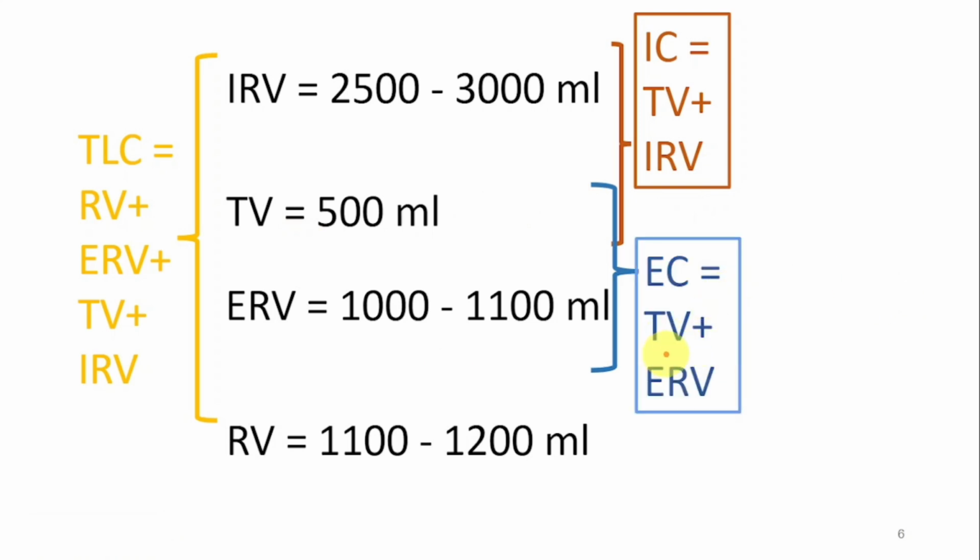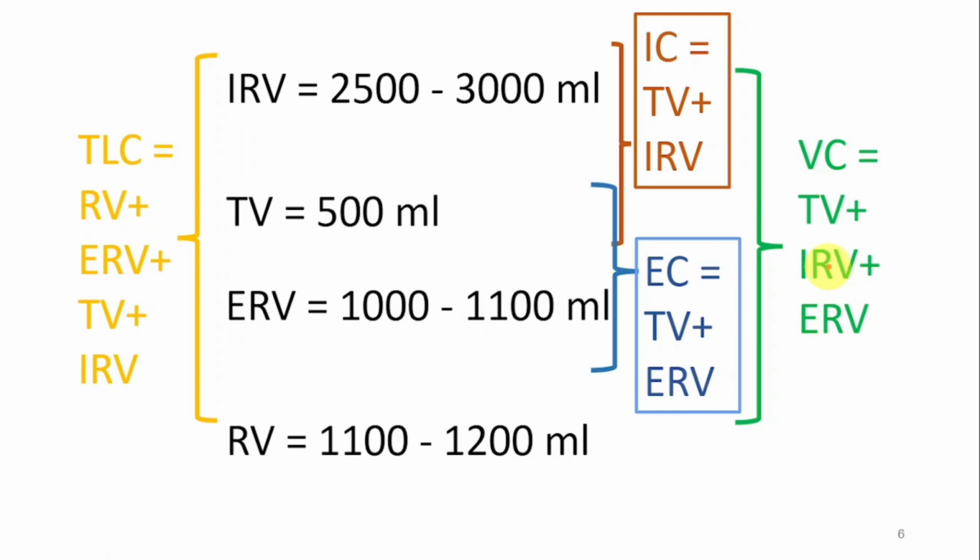The total volume of air one can expire after normal inspiration. And when you add these IRV, TV, and ERV, you will get vital capacity, VC. Total volume of air one can inspire after forcible expiration.